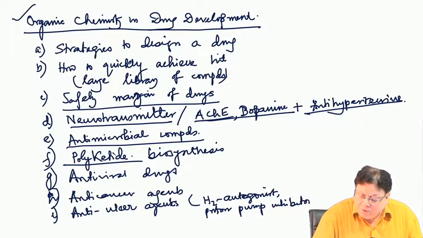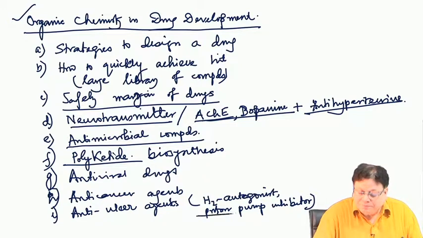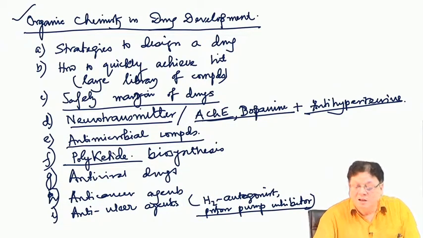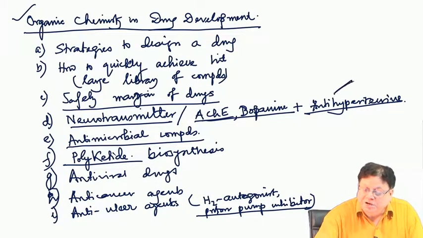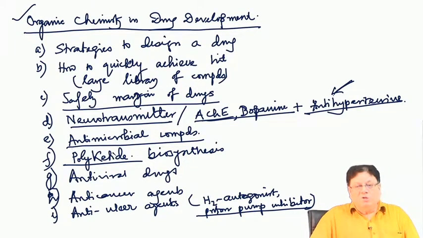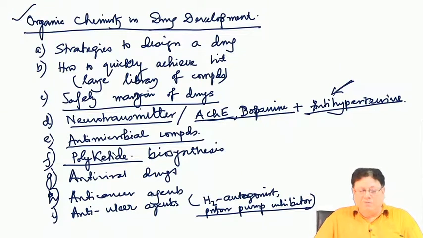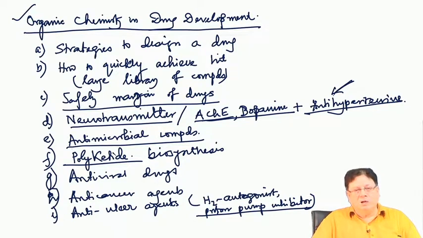So, we will now move on to another aspect which is also related to hypertension, because hypertension is basically when the blood pressure is higher than the normal level. Now, hypertension can be due to several factors. One of them, I said, is the receptor problem: angiotensin 2, if it is overproduced, causes a lot of problems.